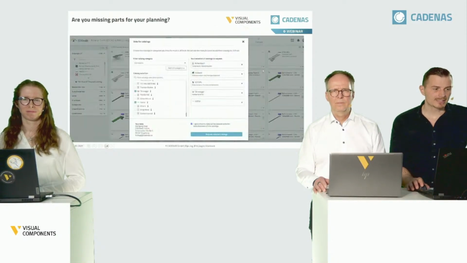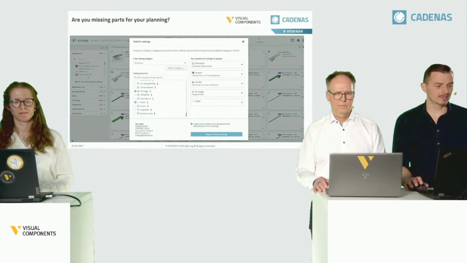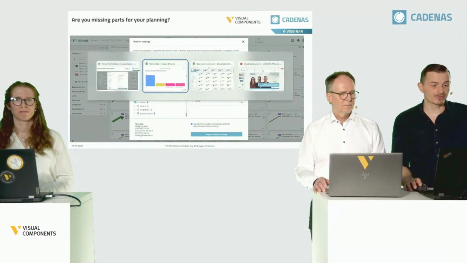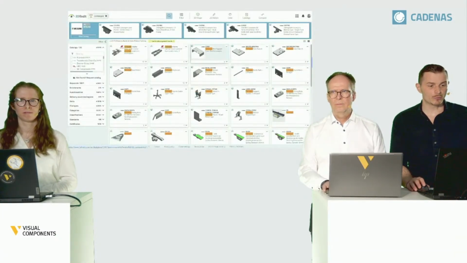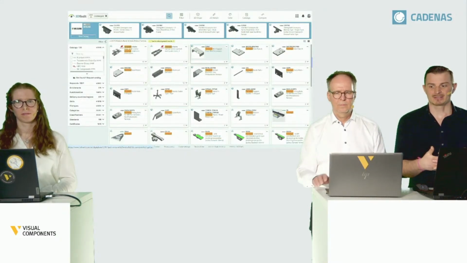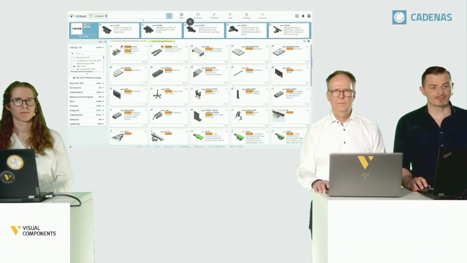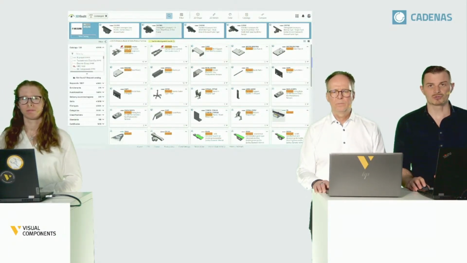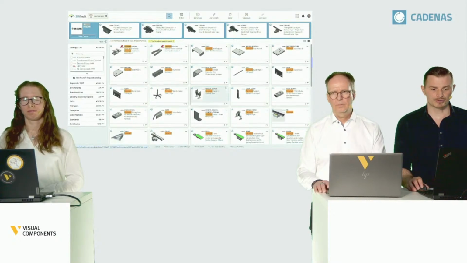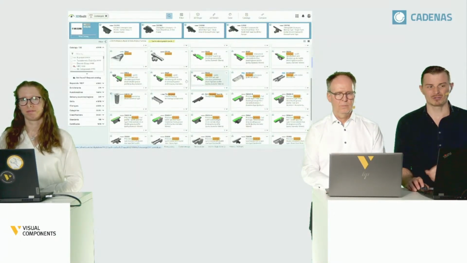And when it comes to the real content on 3D Find It, we have over 7,000 manufacturers. But even if we are the biggest search engine for engineering data in the world, maybe sometimes something is missing that you search for. If you go to 3dfindit.com, for example, you search for a conveyor, and this is what you find, and you say, okay, it's not the real thing I'm looking for, I want something else.